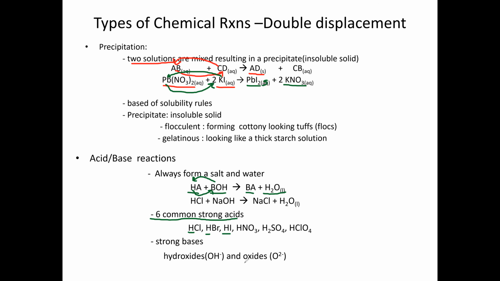An oxide, when you put it in water, converts to a hydroxide. And that's why oxides are strong bases. And usually your group 1 and heavier group 2 hydroxides are soluble. So you will be observing both of these reactions in the cycle of copper reactions.